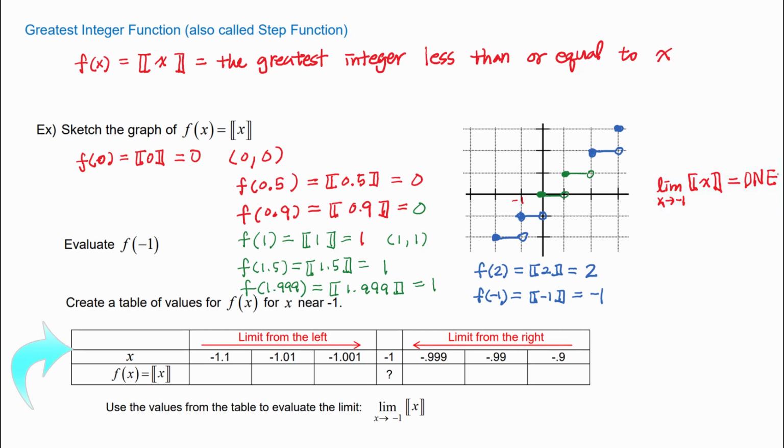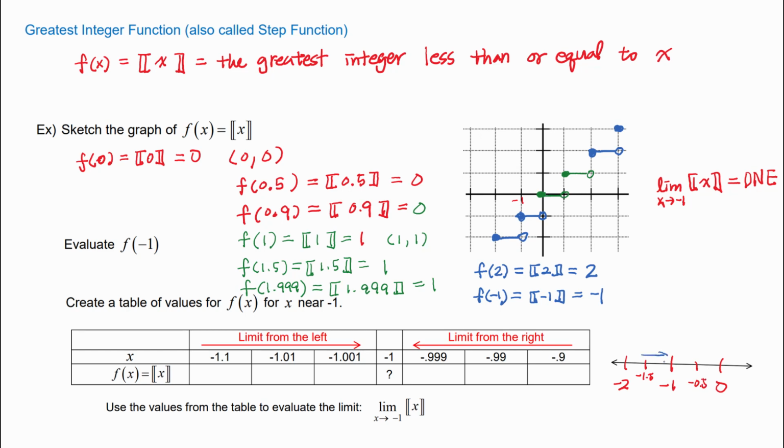Let's find the limit numerically this time. So here is the table. x is approaching -1, so in the middle of the table, I have x equals -1. Let's look at the number line. It helps us understand better because it could be confusing with negative numbers. This is -1.5. This is -0.5.